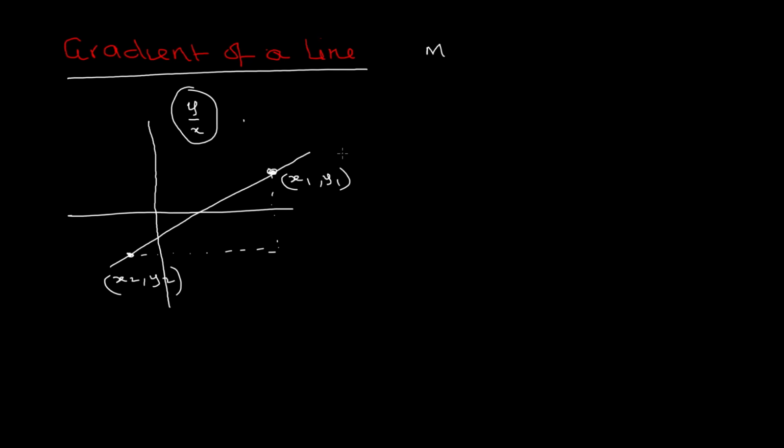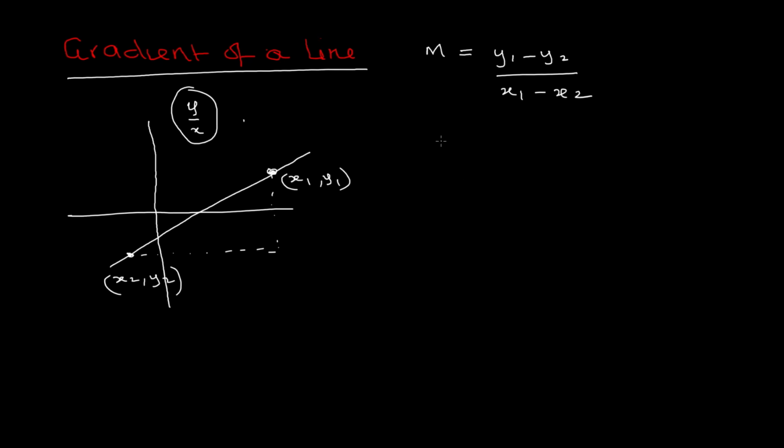That will be your gradient. The displacement in the y-axis here is y1 minus y2. The distance in the x-axis would be x1 minus x2. So that will be the gradient of this line.